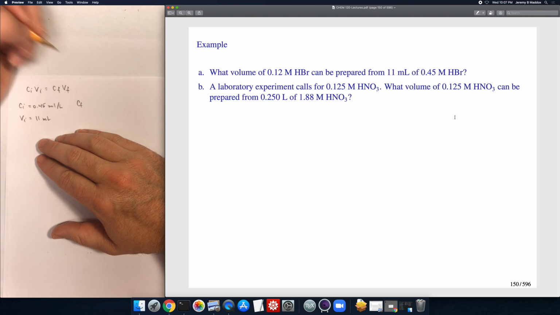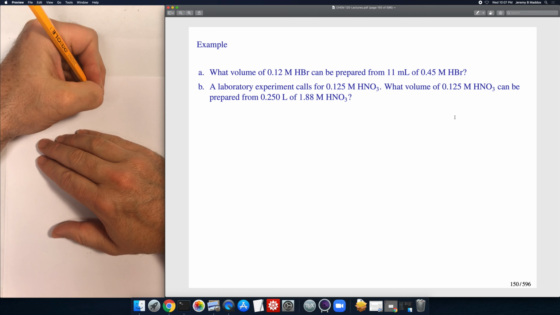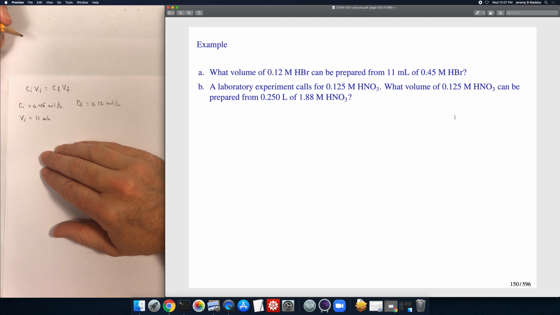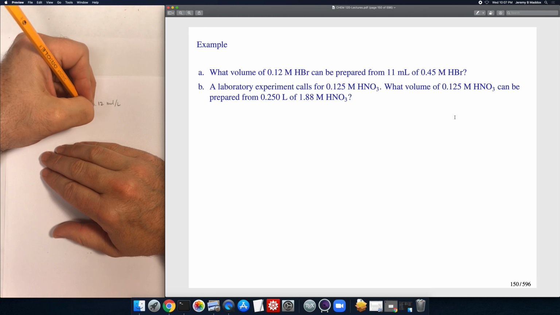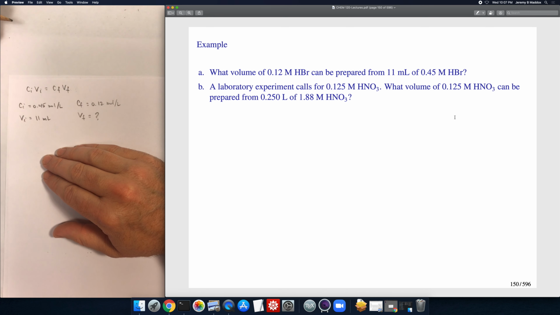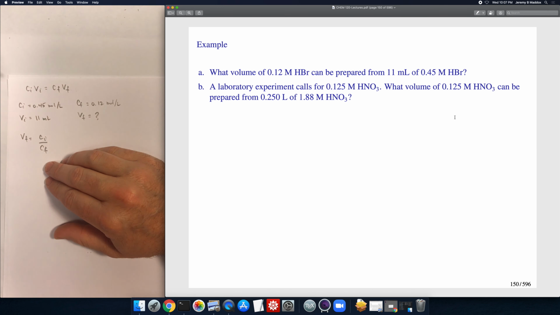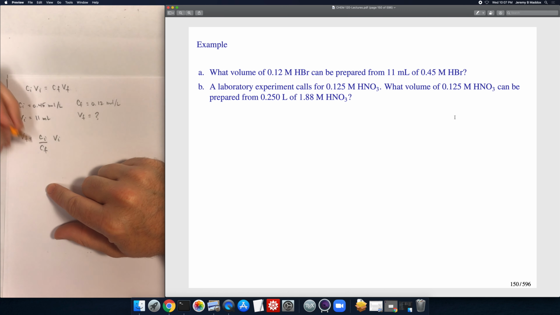The final concentration is the 0.12 moles per liter. And then it's the final volume in this case that they want us to find. So we need to solve this equation for the final volume. So I'm just algebraically rearranging it.